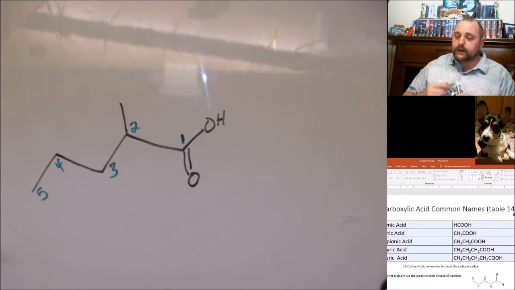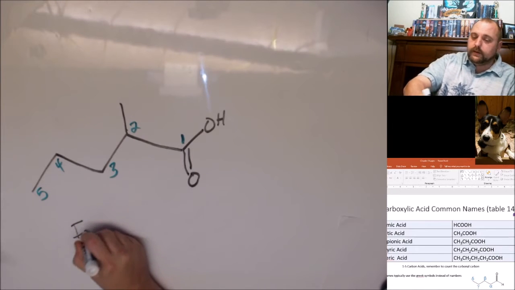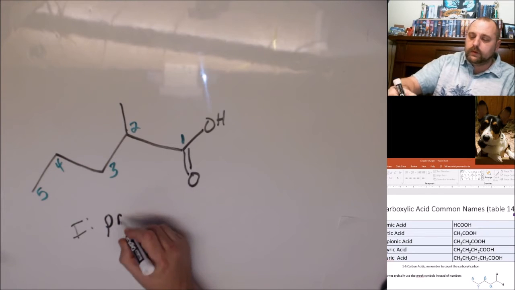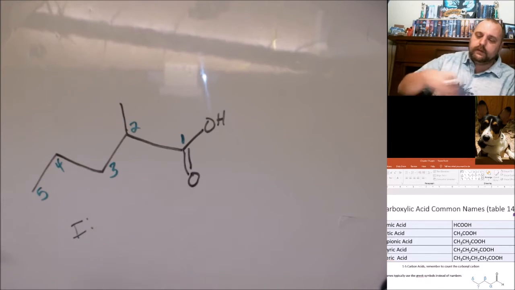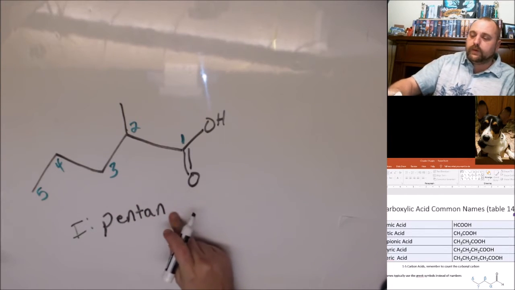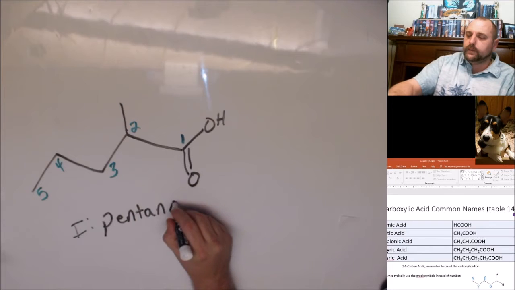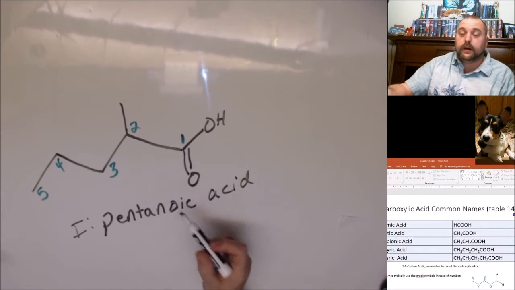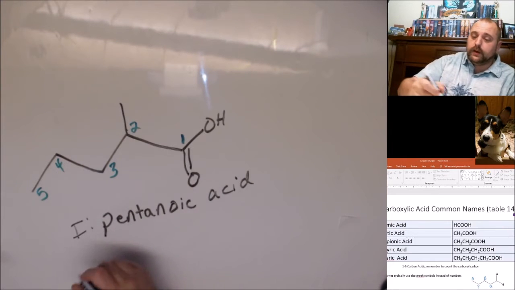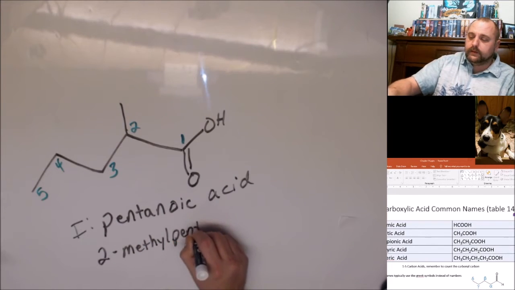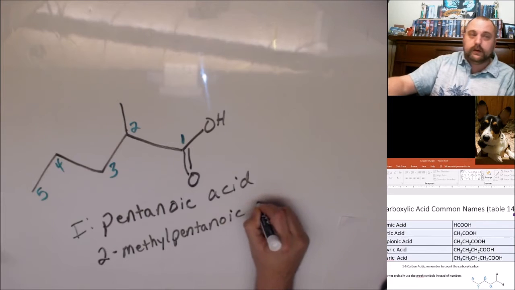So for IUPAC, it's got pentane. We drop the E. Right, so then we add oic and then acid. Now it's got a methyl group at 2, and so this becomes 2-methylpentanoic acid.